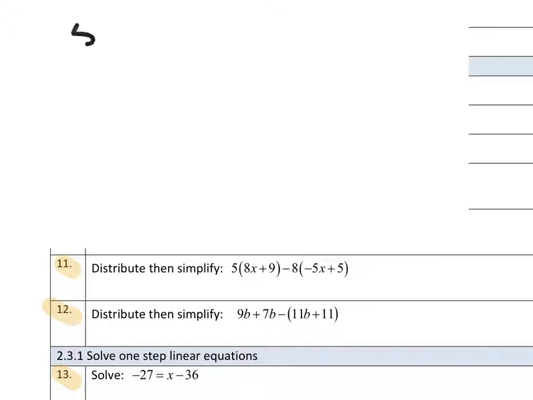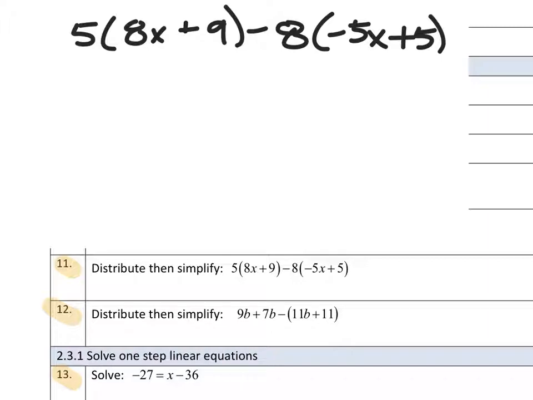So this one, I'm going to have to do it above because I just don't have enough space there. All right, so this is just simplifying this expression. So we do need to distribute the 5, but we also need to distribute the other one. We'll get to that, okay? So we got 5 times 8x, which would give us 40x's, and 5 times 9, which is positive 45.